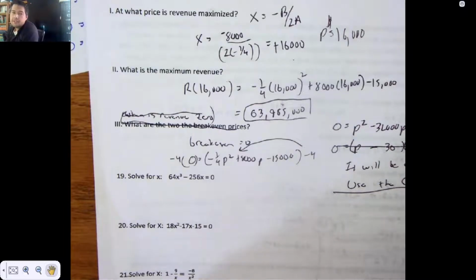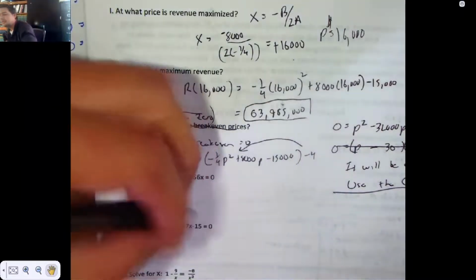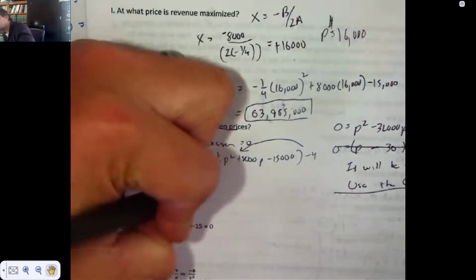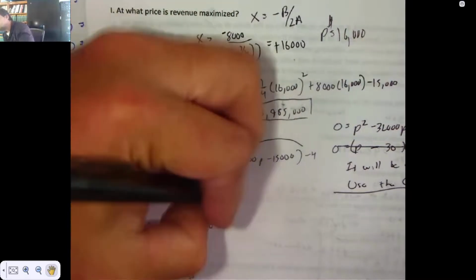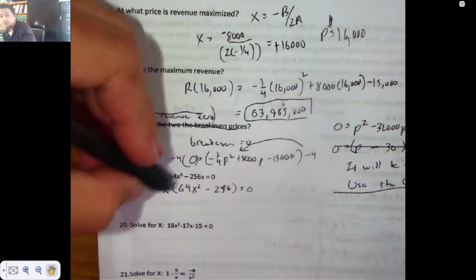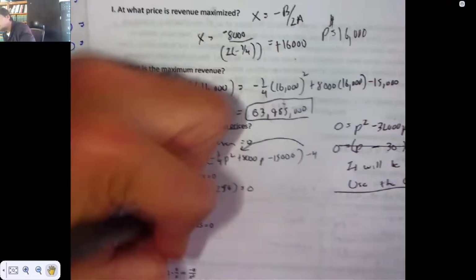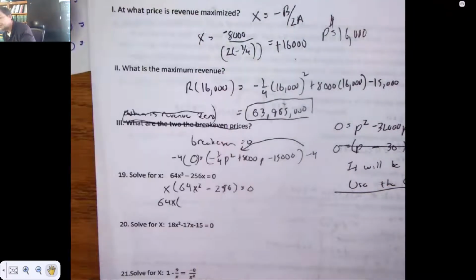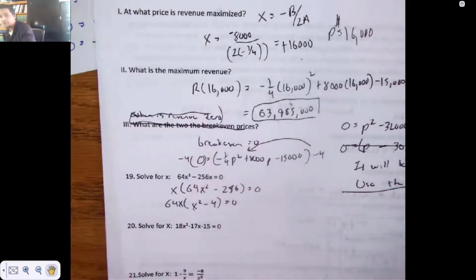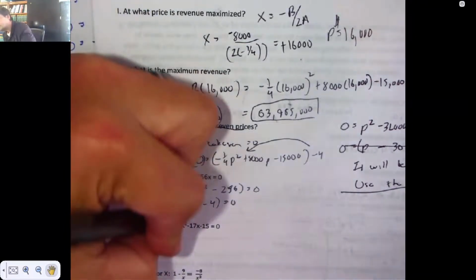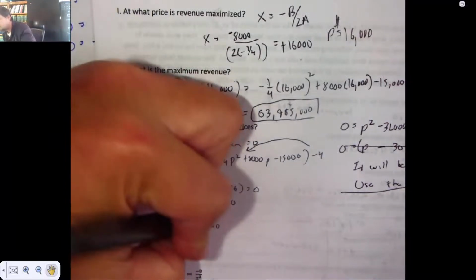19, solve for x. 64x cubed minus 256x is nothing. Personally, I would pull an x out from each of these two pieces. And what I should have also done is pulled out a 64. When I pull that 64 out as well, I have something that factors quite easily. X squared minus 4 is supposed to be the thing that everybody and their mama can factor.